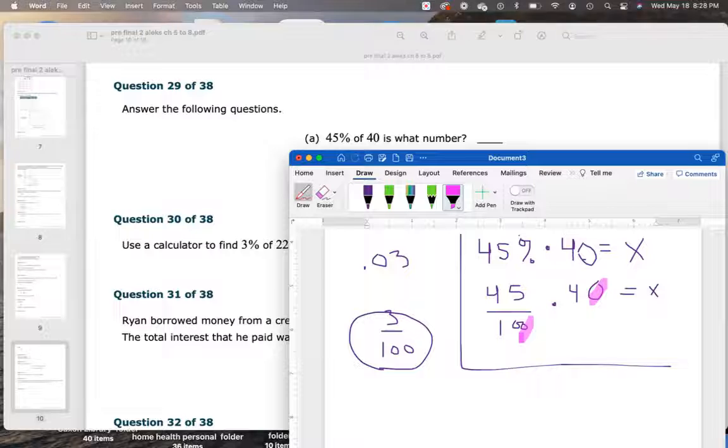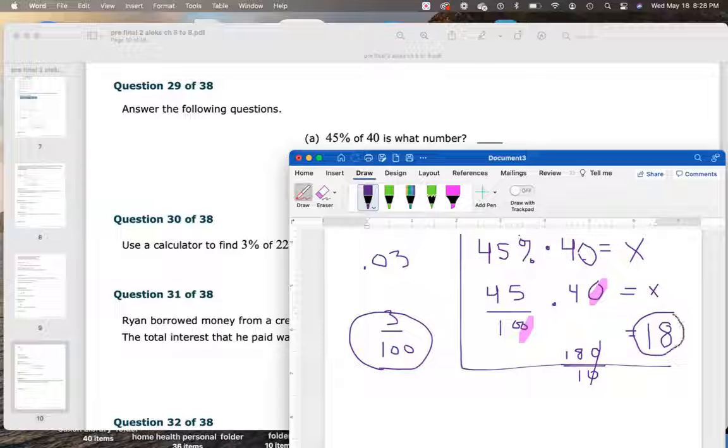Okay, so now I would go ahead and finish this one up. I have 4 times 45, which would be 20, carry the 2, 18, 180, divided by 10. Okay, so that's going to cancel that. So the answer is 18.